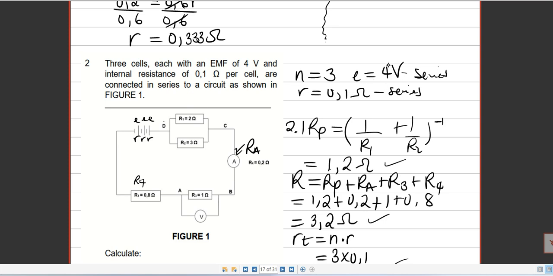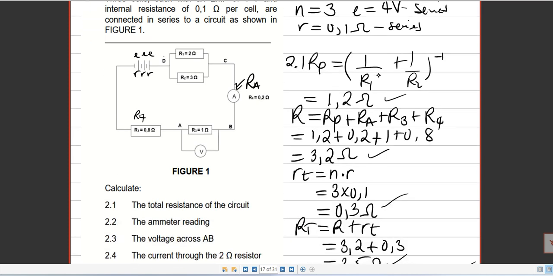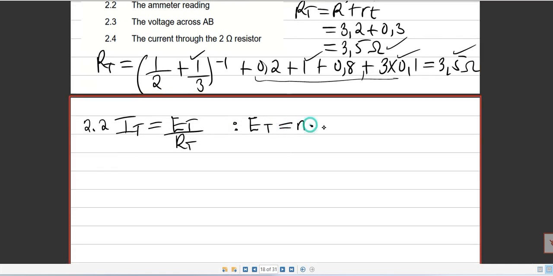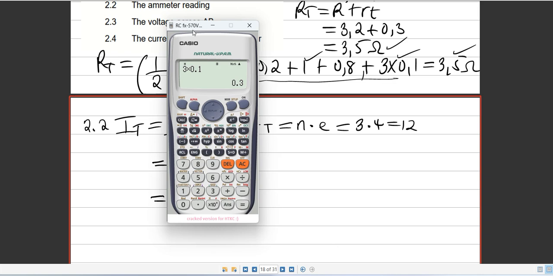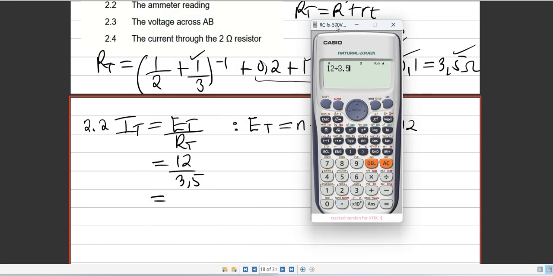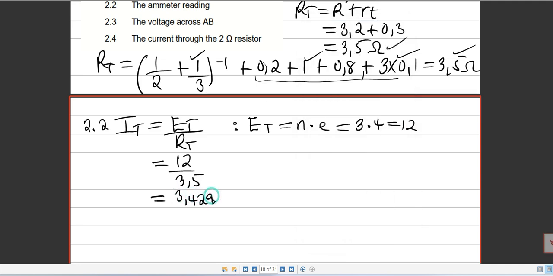Each EMF is 4 volts, so N times E is 3 times 4, which gives 12. So 12 divided by 3,5 gives 3,429 amps, and you're done with this.